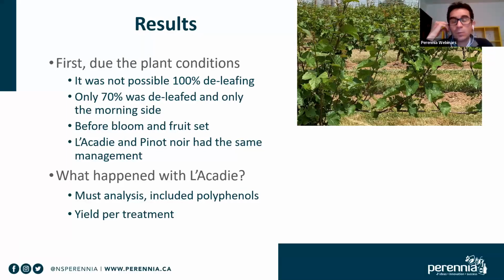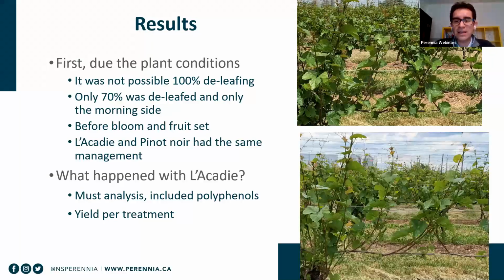In this case, maybe we can see a lot of canopy, but in the other variety, Pinot Noir, it was quite thin. So we decided to have a very light leaf thinning, all on the morning side. Again, we did it before bloom and at fruit set. L'Acadie and Pinot Noir had the same management.